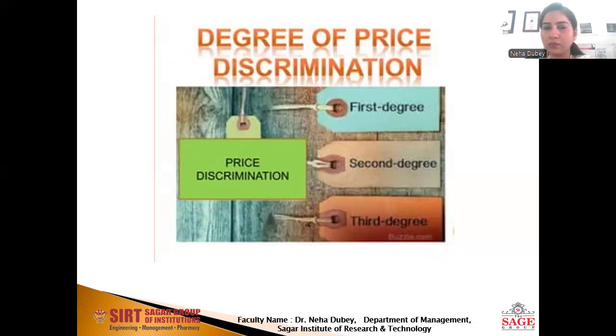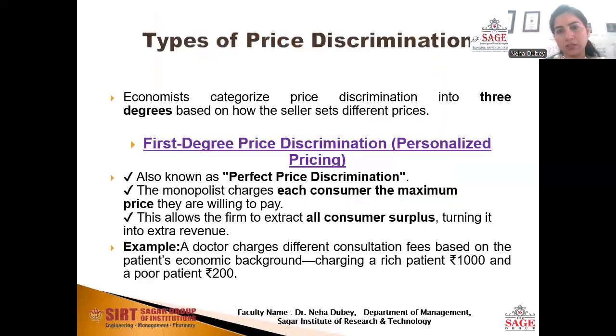And second, we studied the conditions the monopolist has to follow for price discrimination. Here we discuss the degrees, or types, of price discrimination: the first, second and third degree.